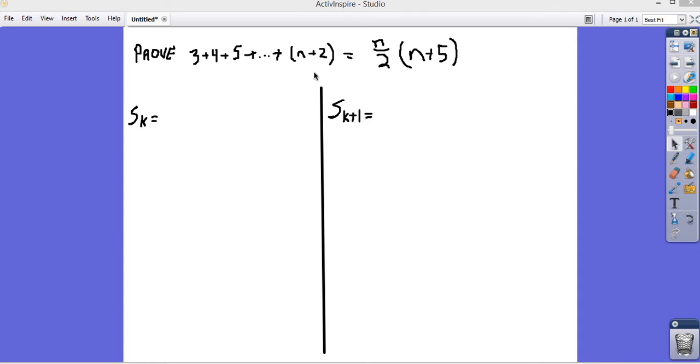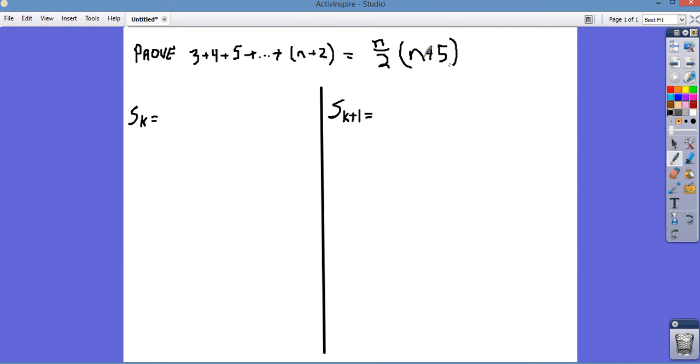So if we wanted to know the value of the 10th number in the sequence, it would be 10 plus 2, which is 12. Now what this formula does is it adds up all of those numbers in the sequence.